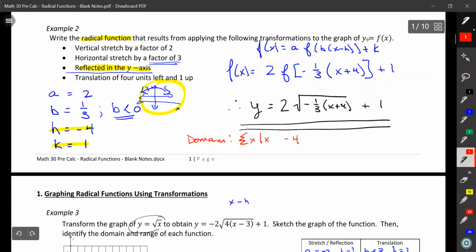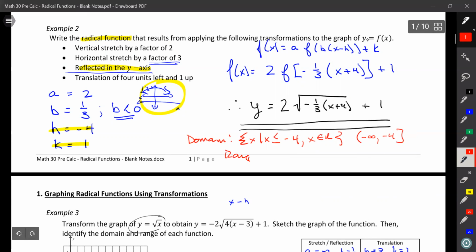Because there's a horizontal reflection, x will be less than or equal to -4, x element reals, or if you want to put it in interval notation, it goes negative infinity to -4. That would be your domain.